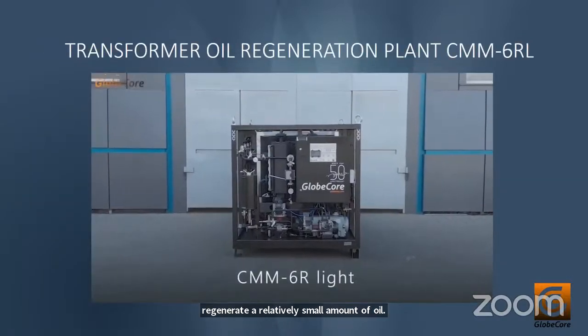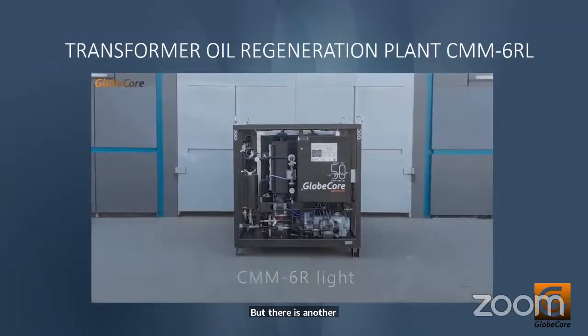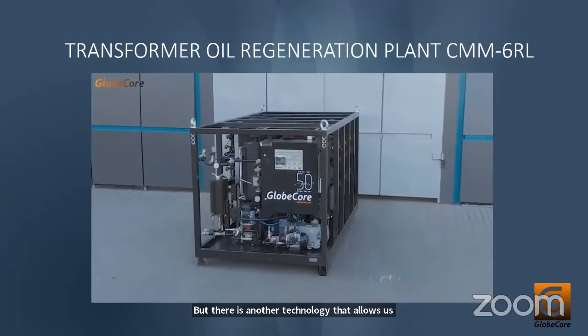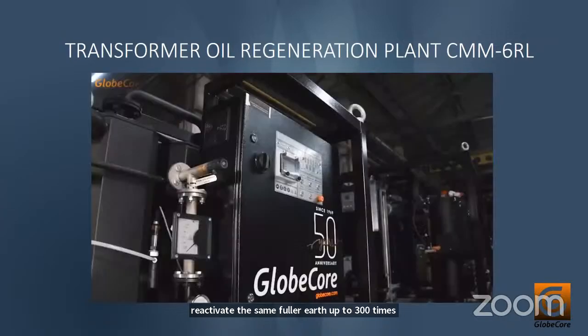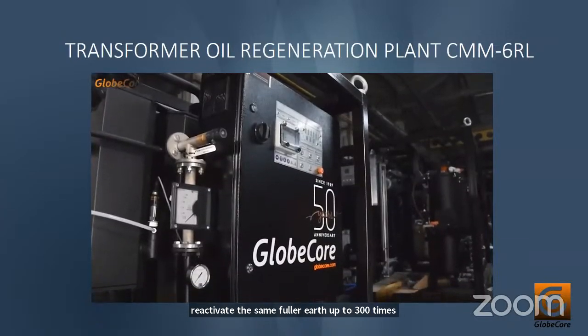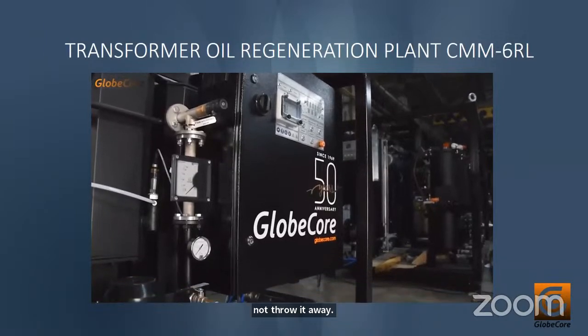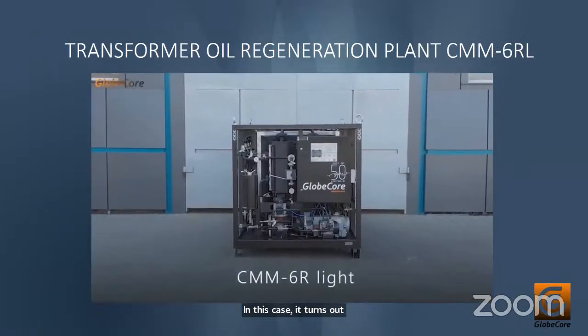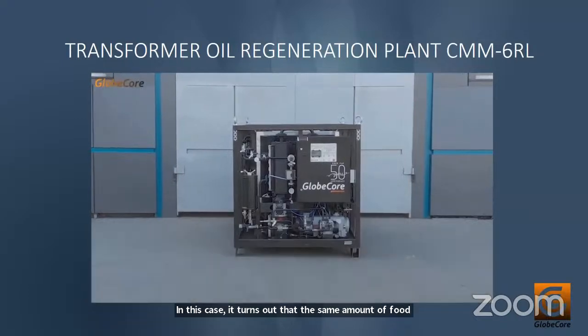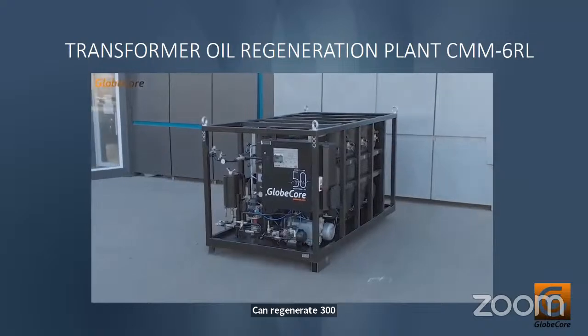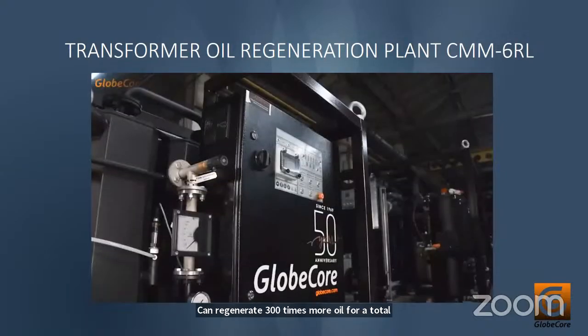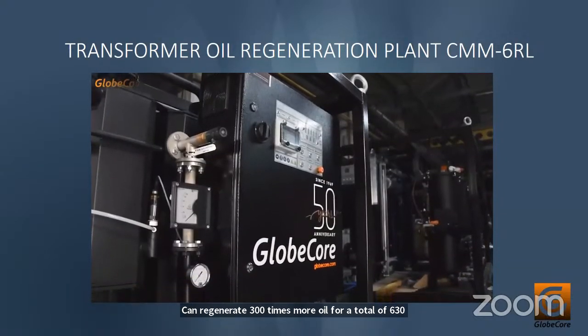But there is another technology that allows us to reactivate the same Fuller's earth up to 300 times and not throw it away. In this case, it turns out that the same amount of Fuller's earth, that is 450 kilograms, can regenerate 300 times more oil for a total of 630,000 liters.